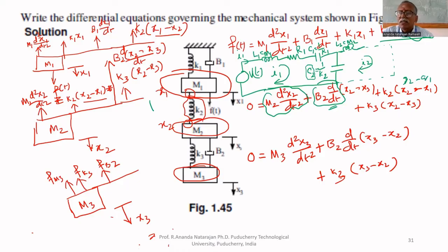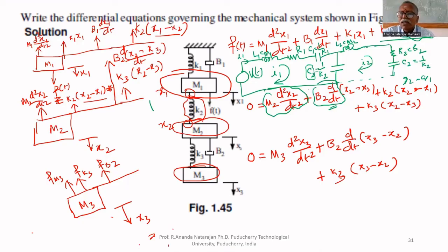For X2 minus X3, one resistor is there, R2 equals B2. The current through this is I2 minus I3. And one more capacitor is there, C2 equals 1 upon K2. That's all.